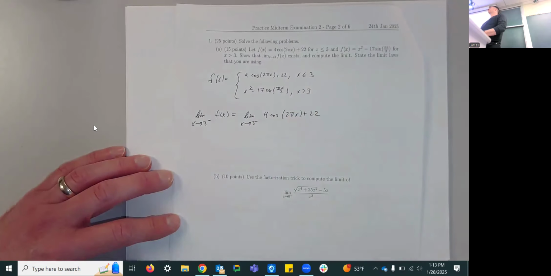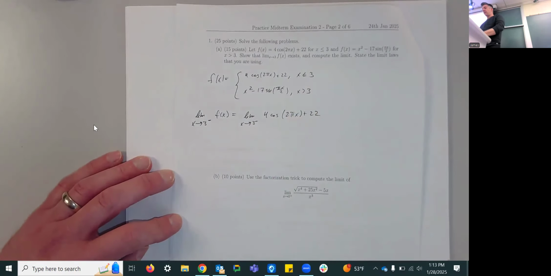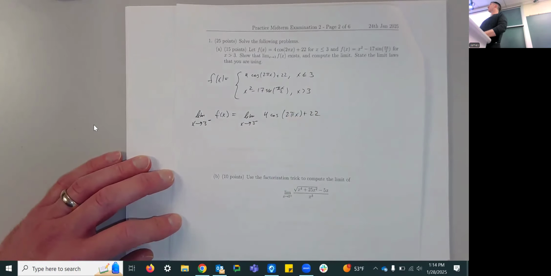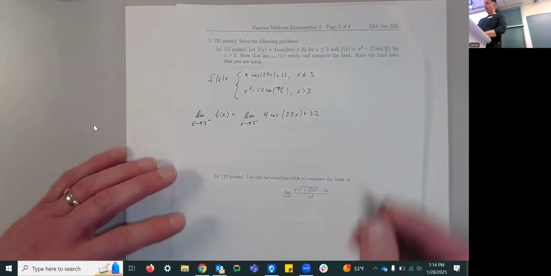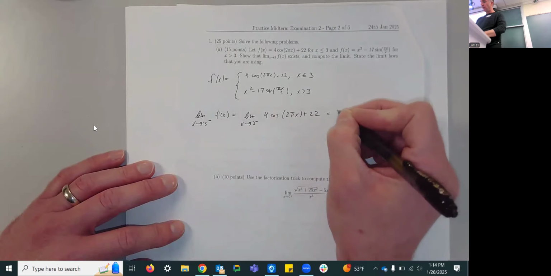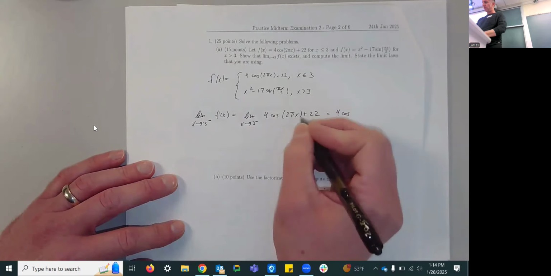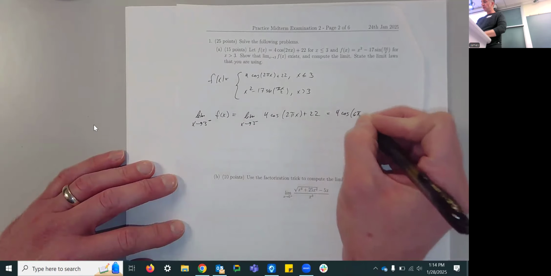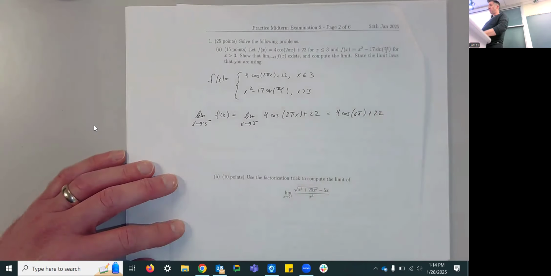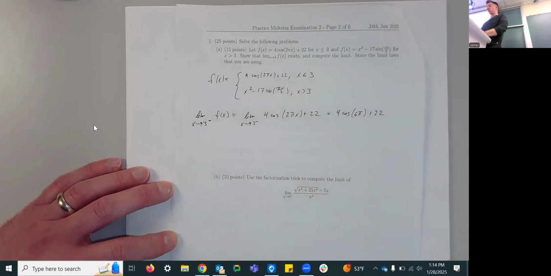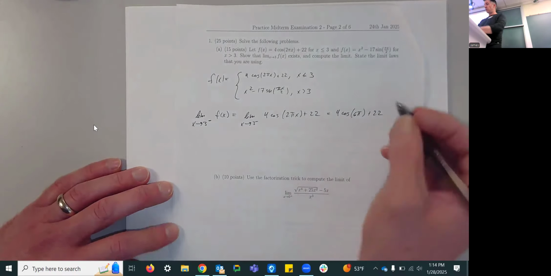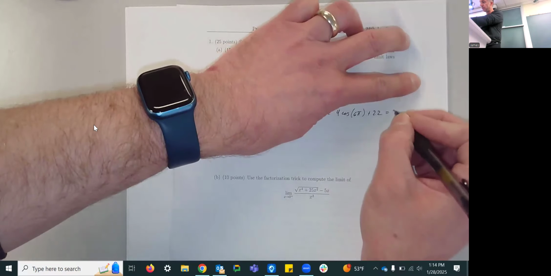It's a bit of a take your pick, but my thought here is I'm going to plug in 3 because that's what we would usually do for a limit, and then cite the things afterwards. So if I plug in 3, I get 4 times cosine of 2 pi times 3 plus 22. Cosine of 6 pi is 1 because it's just 3 full revolutions around the unit circle. 4 times 1 is 4, plus 22 is 26.